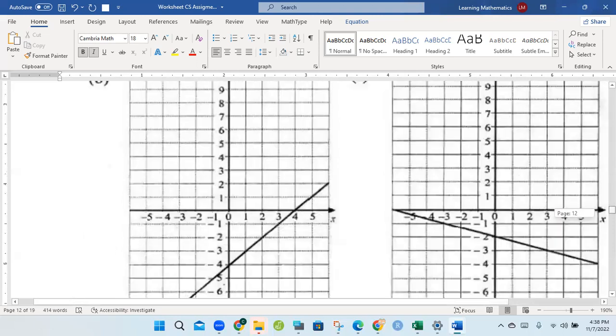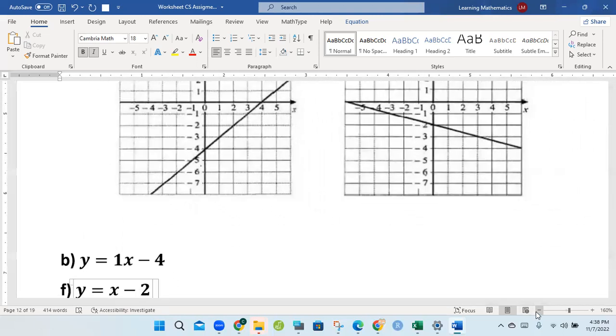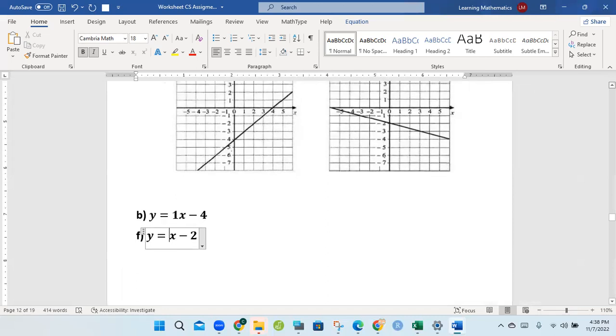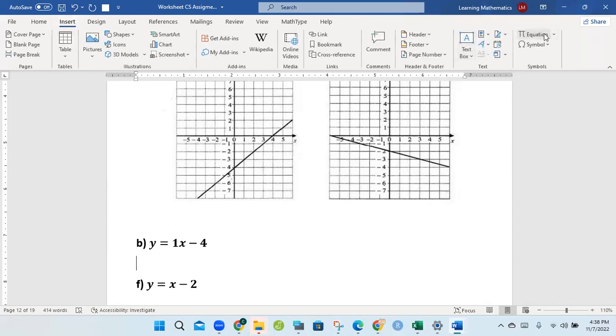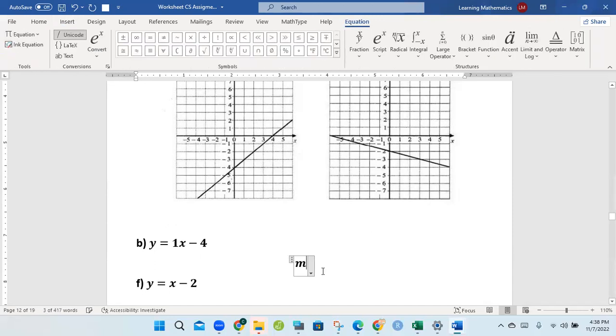That shows us another way we can define gradient. Remember the formula for gradient: m is equal to y2 minus y1 over x2 minus x1.